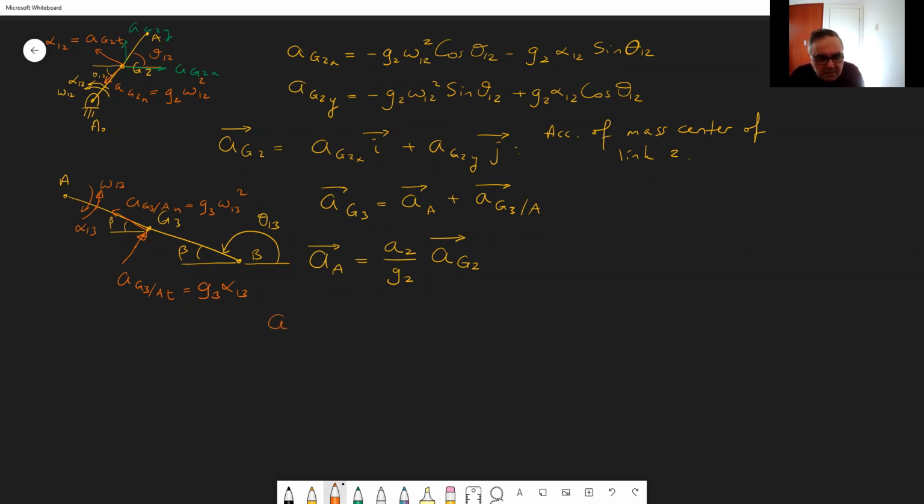Okay, I can write a x component is going to be here beta is pi minus theta 1,3.